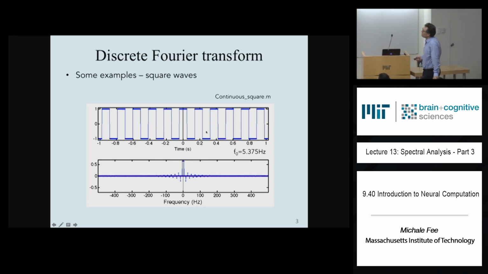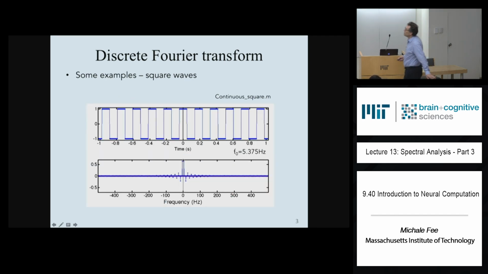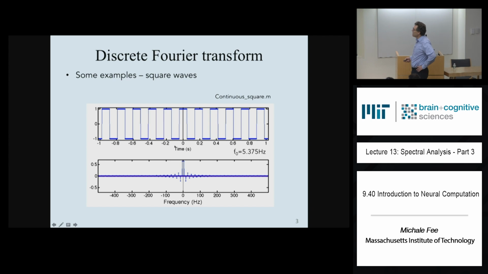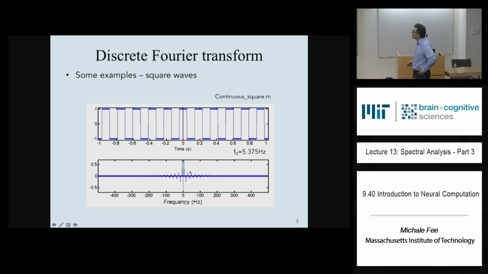We also discussed how you can compute the power spectrum of a signal from the Fourier transform. Here I've taken the Fourier transform of this square wave, and now we take the square magnitude of each of these values, and we just plot the square magnitude of the positive frequency components.